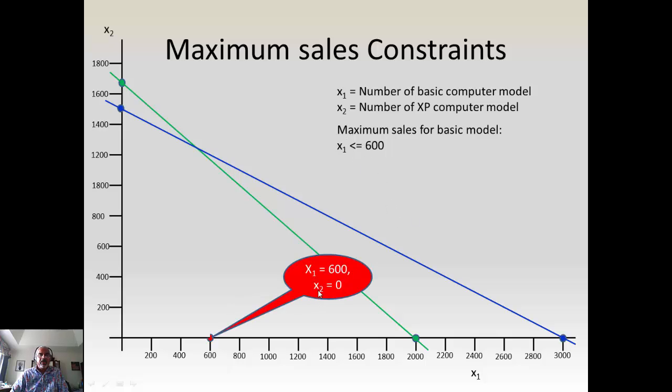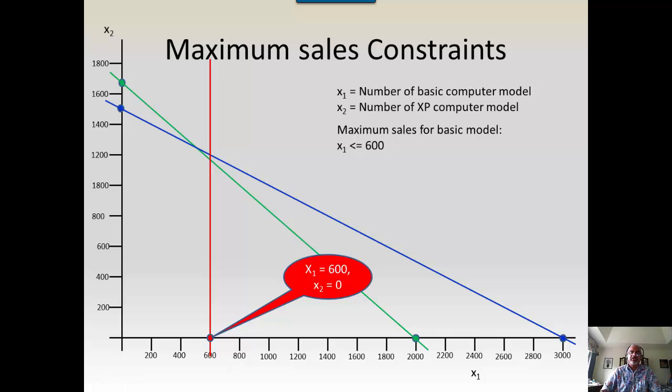So that is x sub 1 equal to 600, and the constraint goes right up, and that further restricts the feasible region. So now all of these points below the green line that was previously okay are now eliminated. So at this point, the feasible points are only represented by this box. Below the blue line, below the green line, and then to the left of the red line.